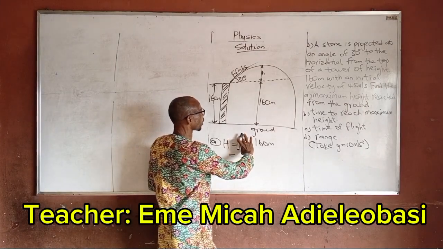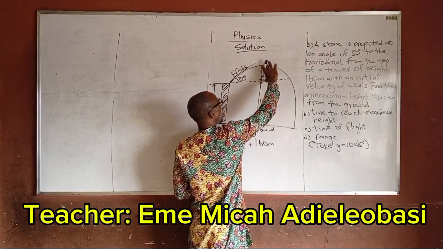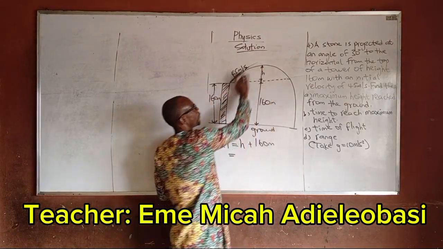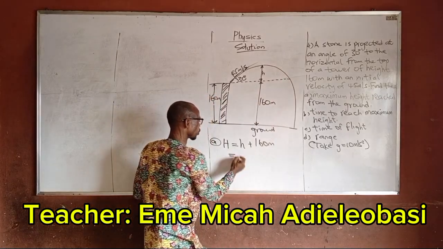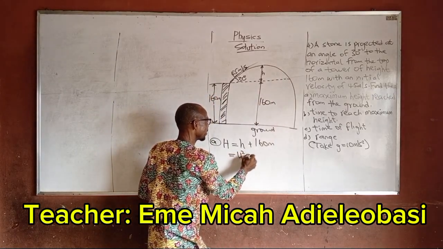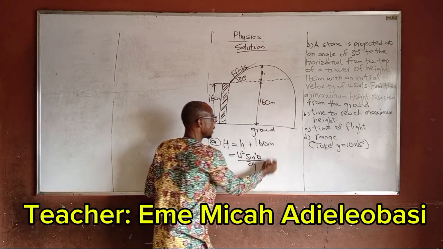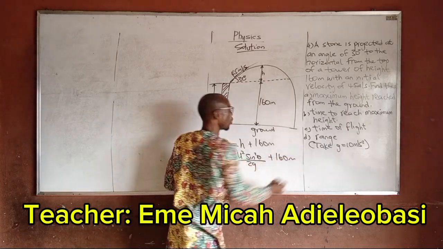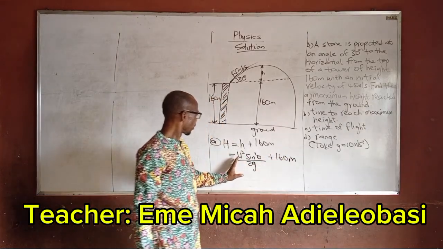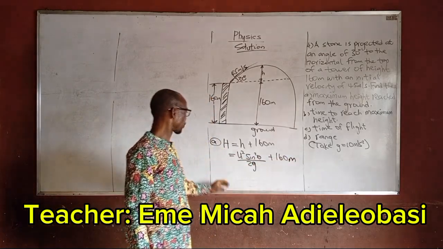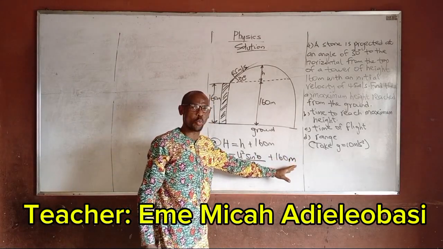It corresponds to the h in our parabolic form, which is u squared sine squared theta all over 2g. Then this is plus 160 meters. We have this as the expression of our work.